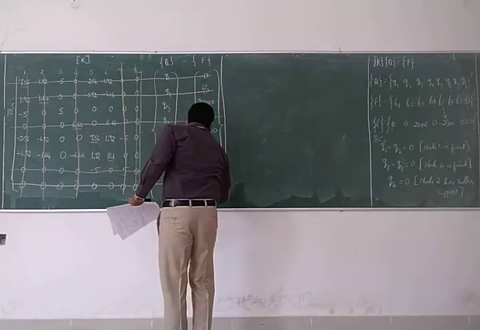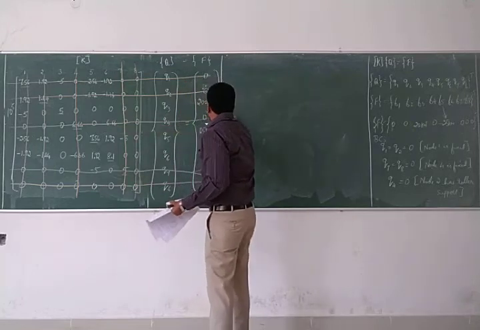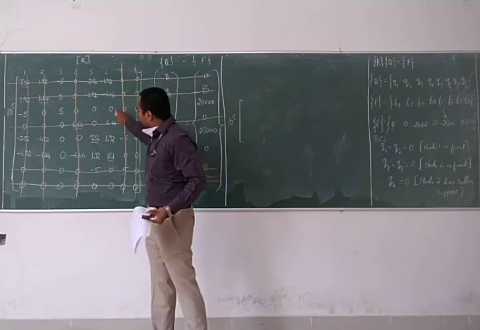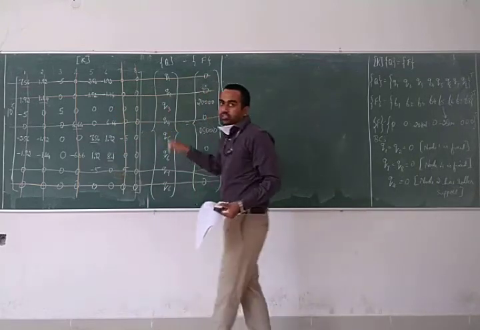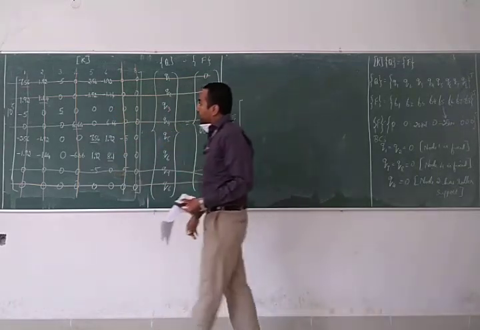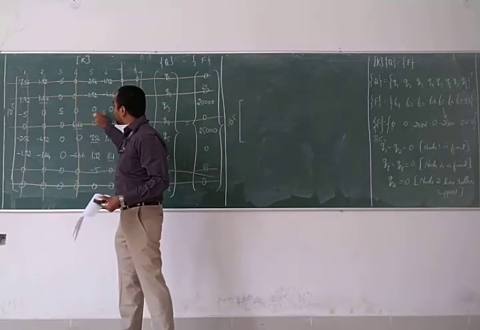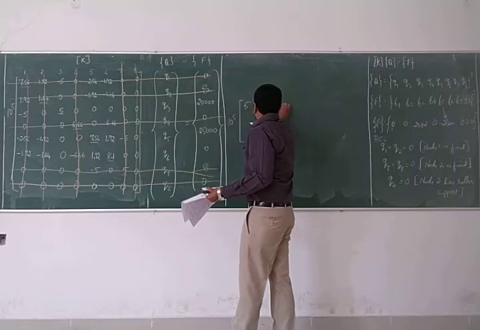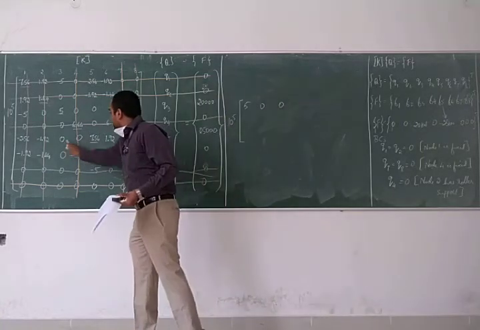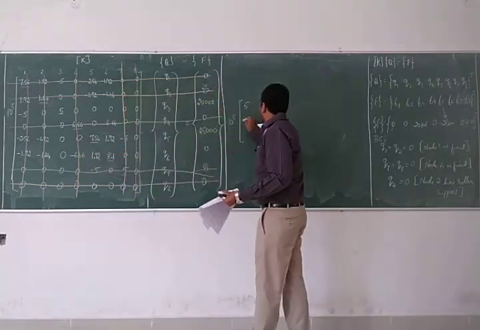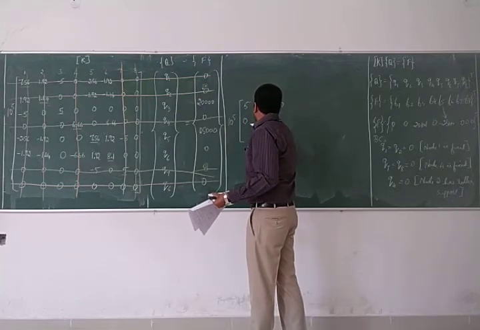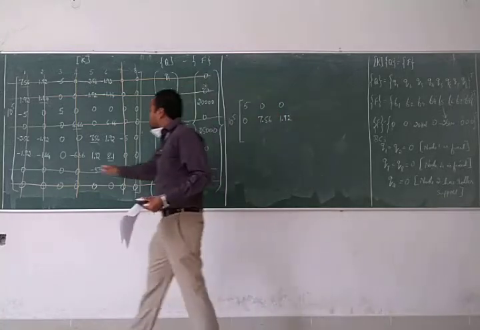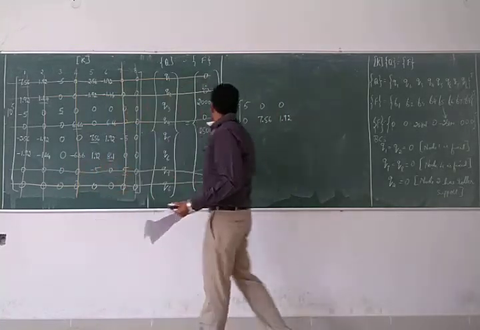So what are the remaining terms? In the 10 to the power of 5 matrix, if you observe, there are only 3 rows and 3 columns that remain. The elements remaining are 5, 0, 0; 0, 7.56, 1.92; 0, 1.92 and 8.1.